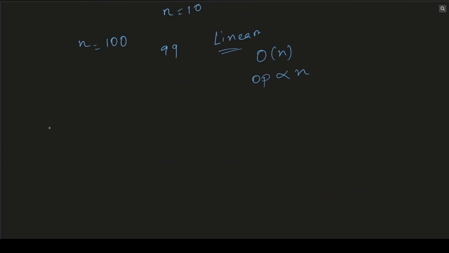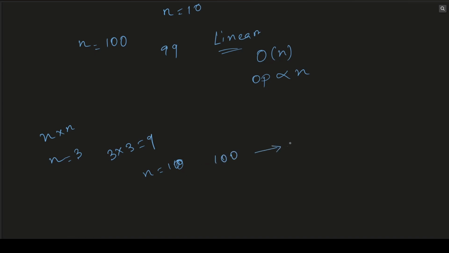Let's take another example, a multiplication table. Suppose you want to print a multiplication table of size n times n. For n equals 3, you print 3 times 3 equals 9 numbers, right? But for n equals 10, you print 100 numbers.